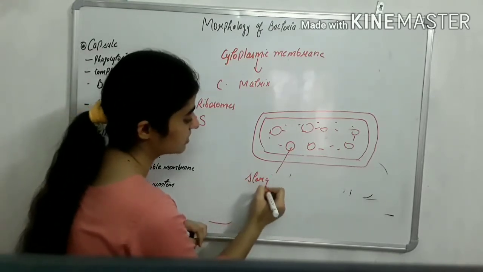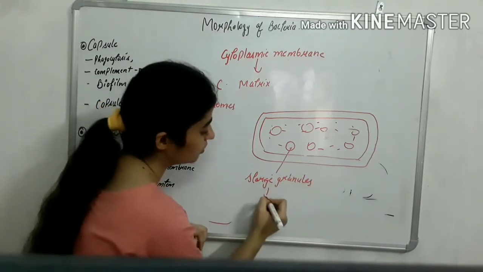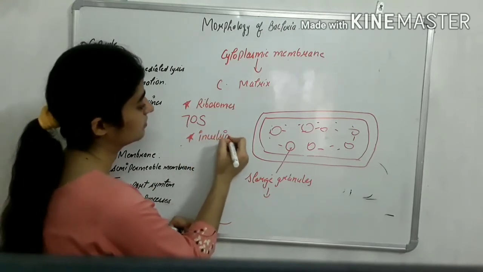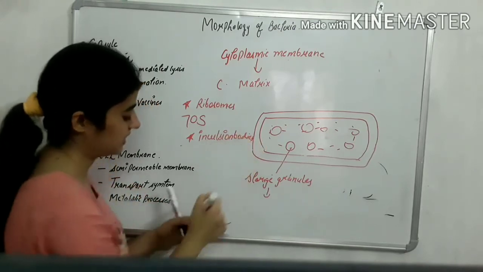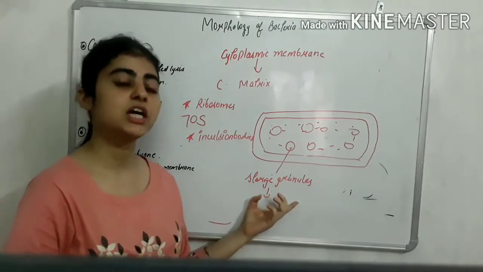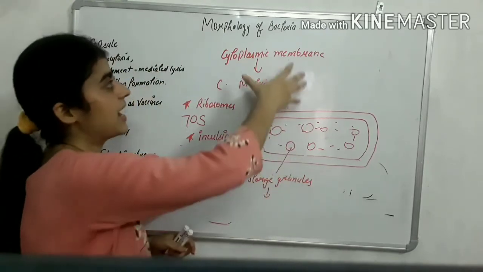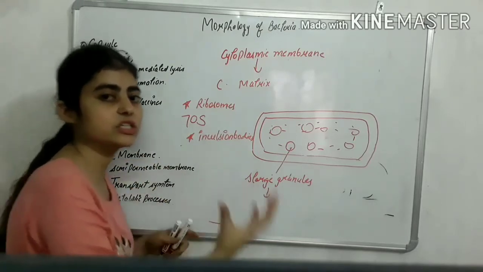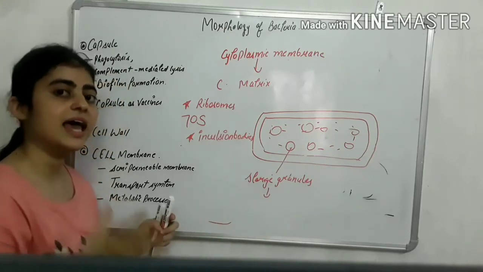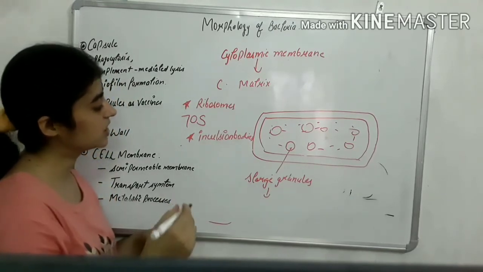They store food or energy during conditions when the bacteria faces nutrition deficiency. Whenever the bacteria is facing nutrition deficiency, these inclusion bodies will be formed, and once healthy conditions arrive, these inclusion bodies will disappear.